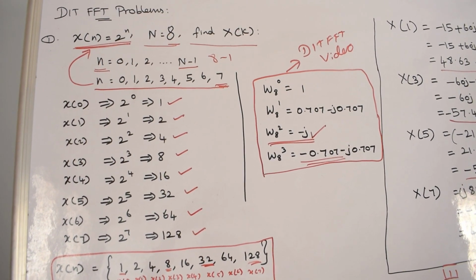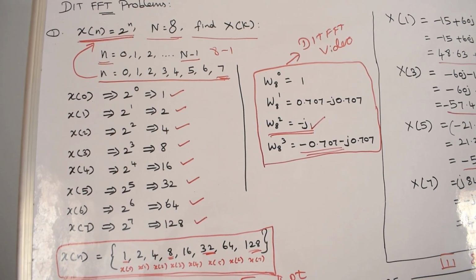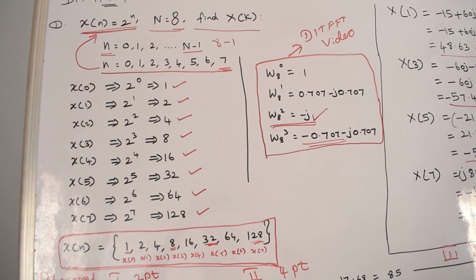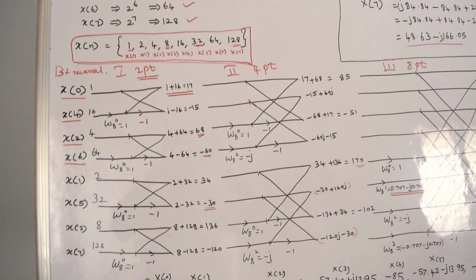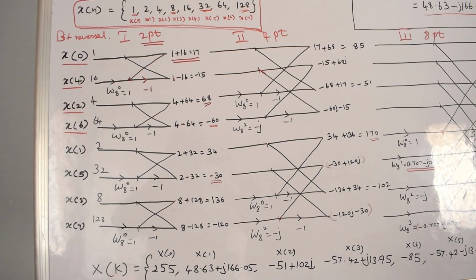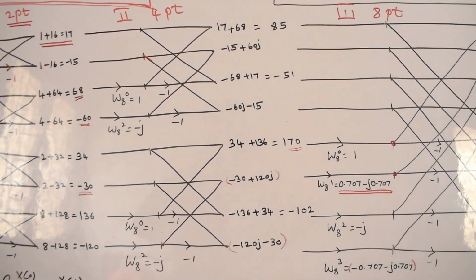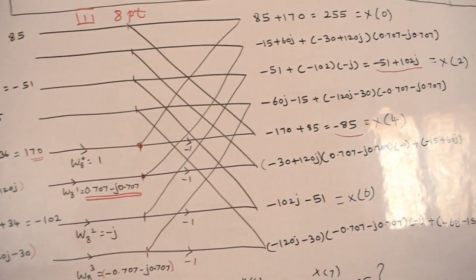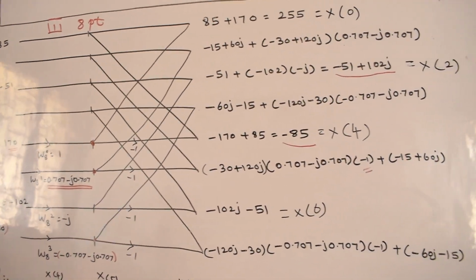For better understanding, I am showing you this one. Please go through it. So this is to find out the sequence of x of n, and this is the first stage of DFT. This is the second stage, and this is the third stage of the decimation.